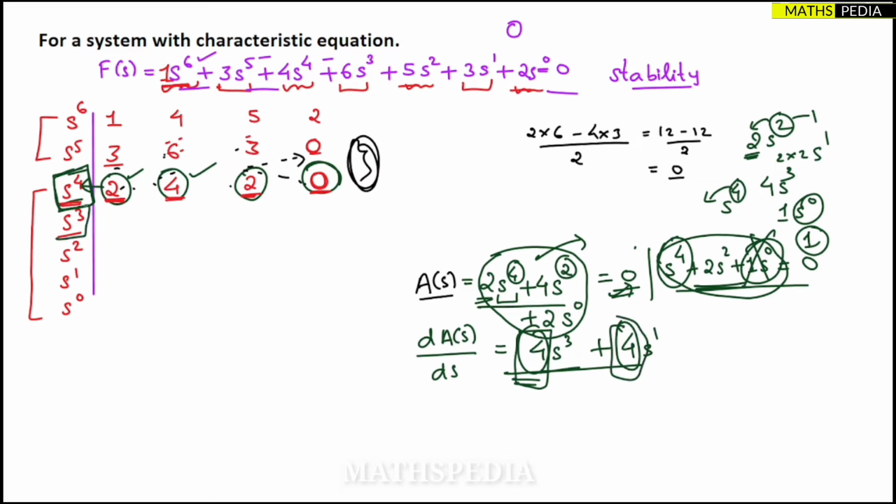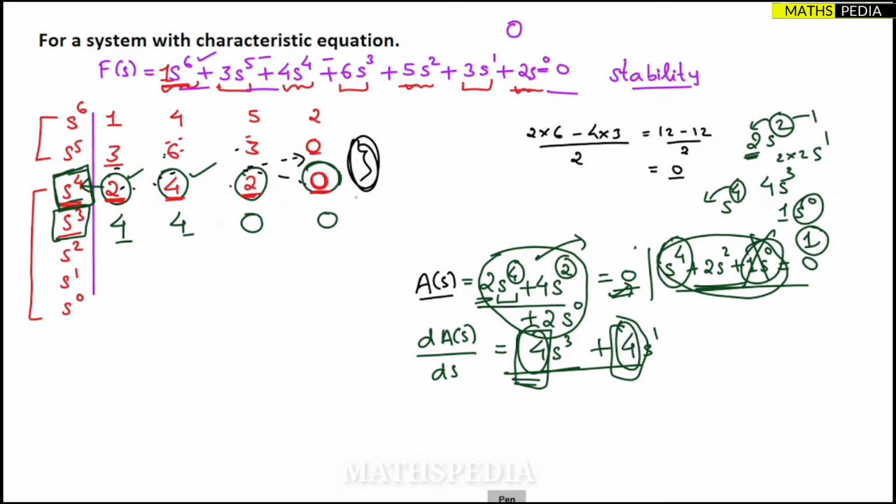So this is the s power 3 row, right? So 4s power 3 came here, and this element will be 4s power 1. As I said before, the powers get subtracted by 2. Okay, that's it. 4 and 4 I wrote. Basically you have to see from the coefficients. What about the rest of the elements? 0.